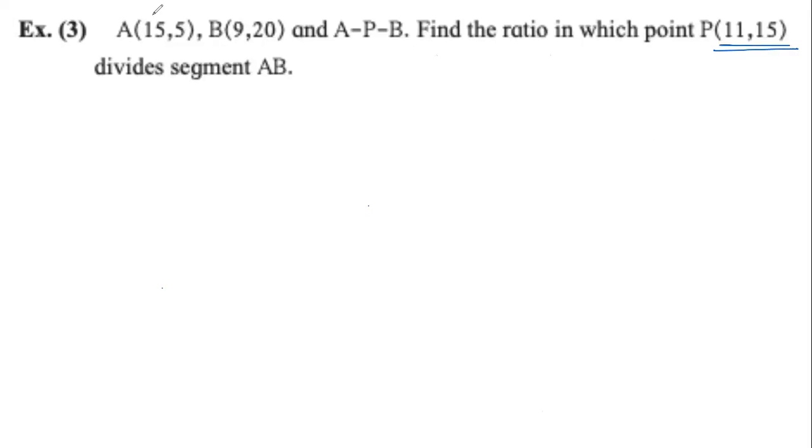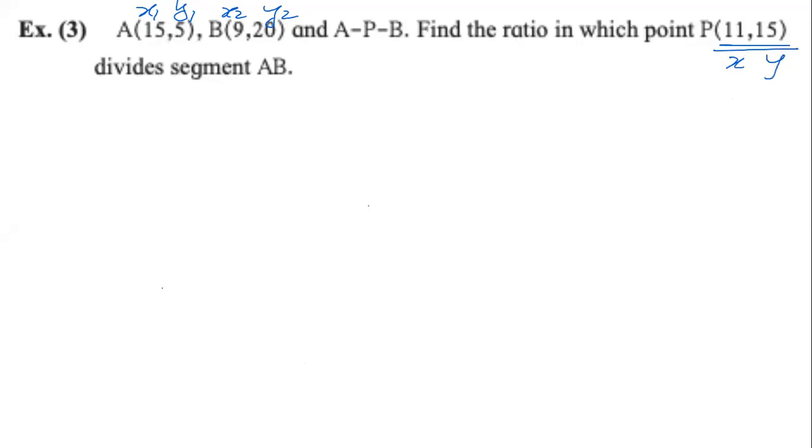Now this is clearly x1, this is clearly y1, x2, y2. Can you tell me what is 11? 11 is the value of which variable in general? Speak or type. X, correct?